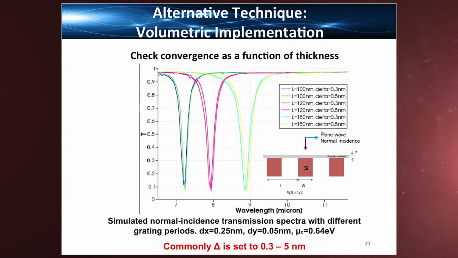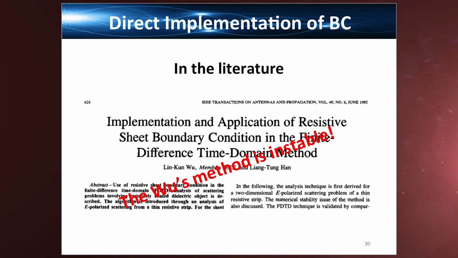And here you see other curves. Usually the thickness of the volumetric layer is set to 0.325 nanometer in the simulations to have accurate results, depending on the problem you are solving.